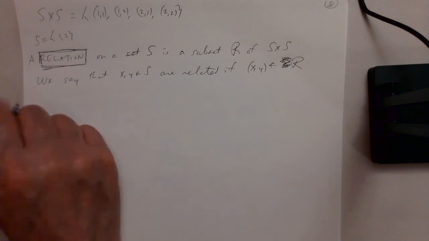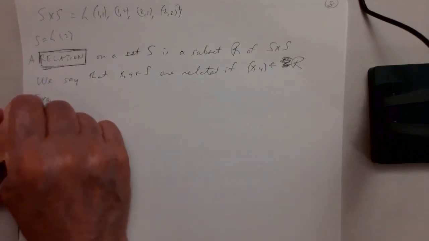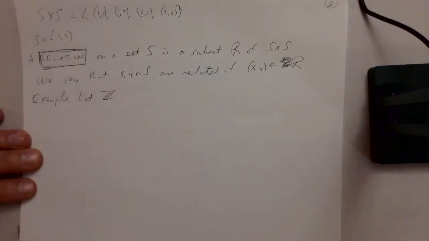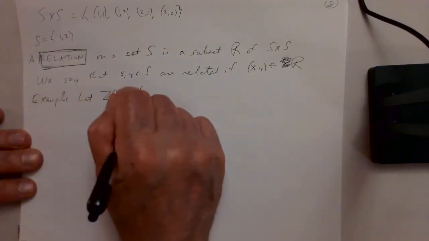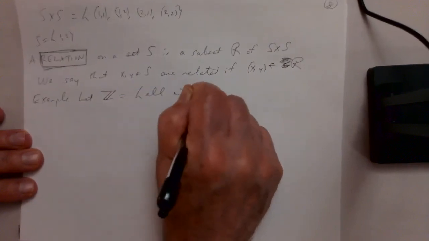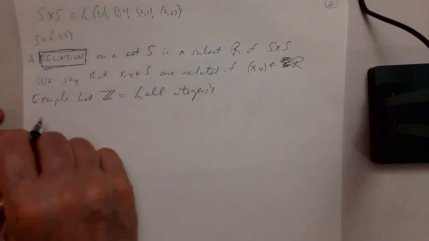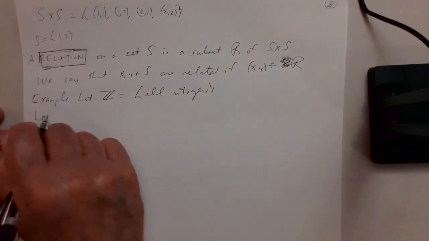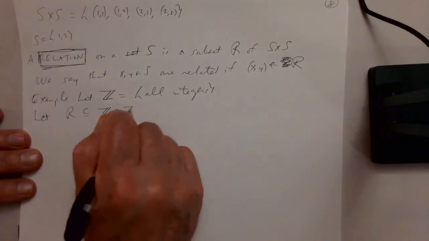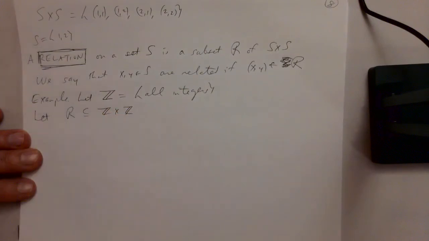So let's take an example. Suppose we take Z is the set of all integers, positive, negative, and 0. And suppose we let script R be contained in Z cross Z. So Z cross Z is pairs of integers.